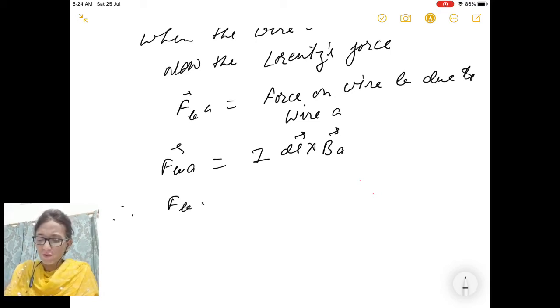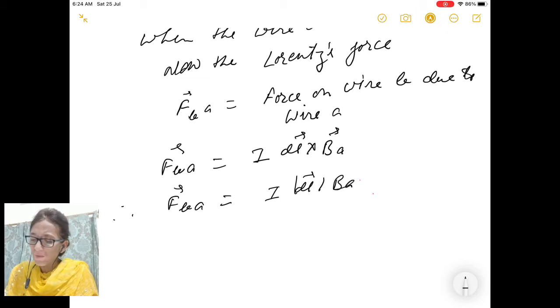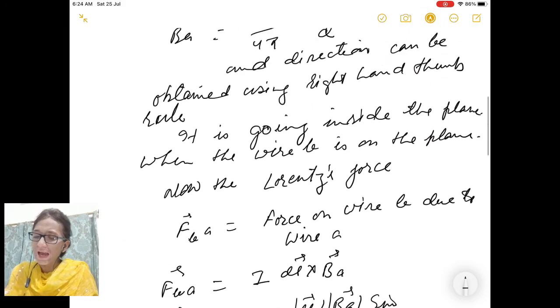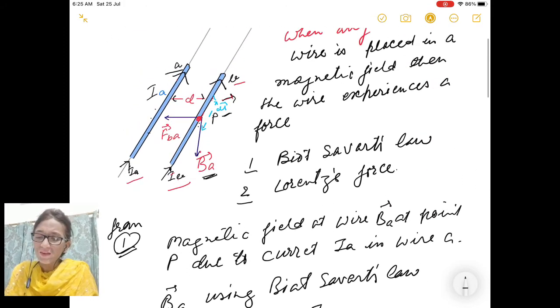Therefore, the force on wire B due to wire A is equal to I times the magnitude of dl, the magnitude of BA, into sine of the angle between the two. And you can see that the angle between the dl vector I have taken on the wire, and B is 90 degrees.